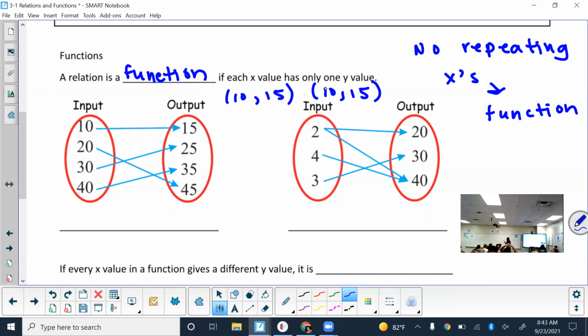But if I change that y value even a little bit, like 15 and a half, then now it's not a function. The way I think about it, it's like when you did your input-output tables in elementary school. There's a rule that went with that table, right? You were either adding 5 or multiplying by 2, or doing a bunch of other things. There's no way I can multiply by 2 and get 2 different answers. Make sense?